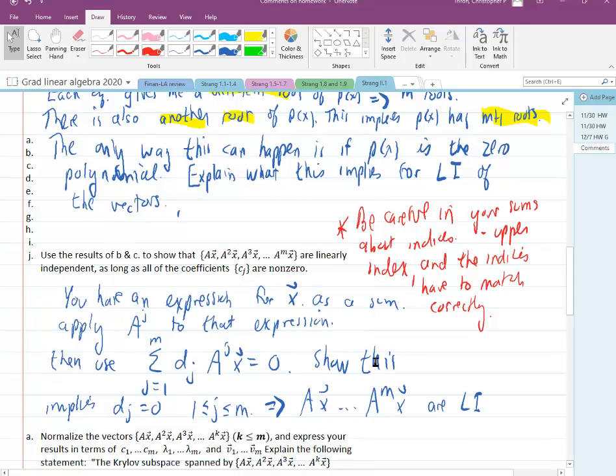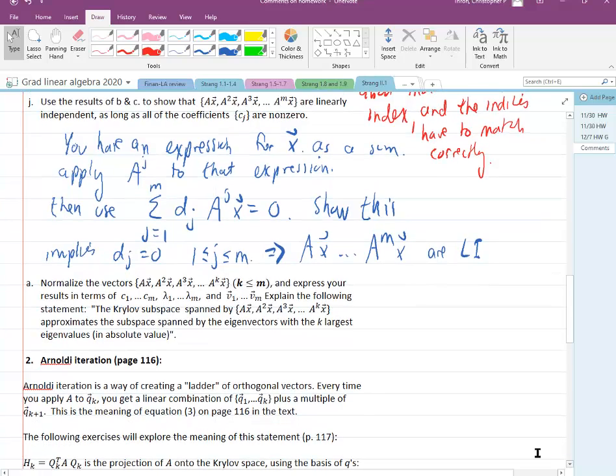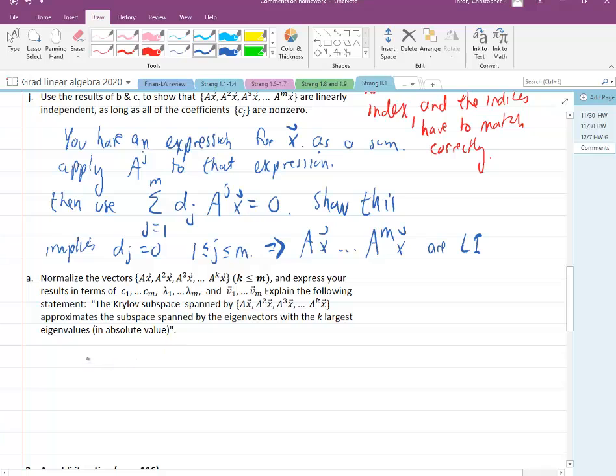Okay, let's look at the next one here. Okay, so the next one says normalize the vectors, and you're going to be writing these as summations. So you'll be writing, well, a to the j x.